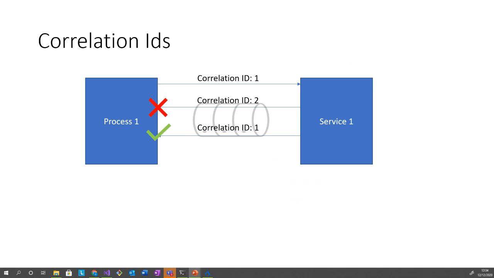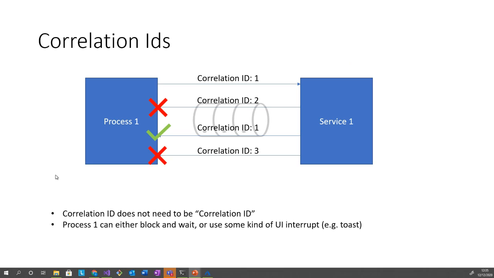When it sees that same correlation ID, it accepts it, and no others. A correlation ID is just a name for something that matches the correlation between the two services. You shouldn't get too bogged down in the name. You could use an order number: process 1 sends across order number 123 to service 1, and then listens back for a confirmation with order number 123.